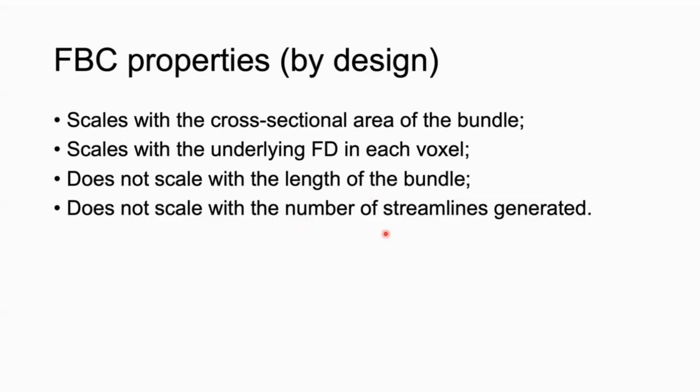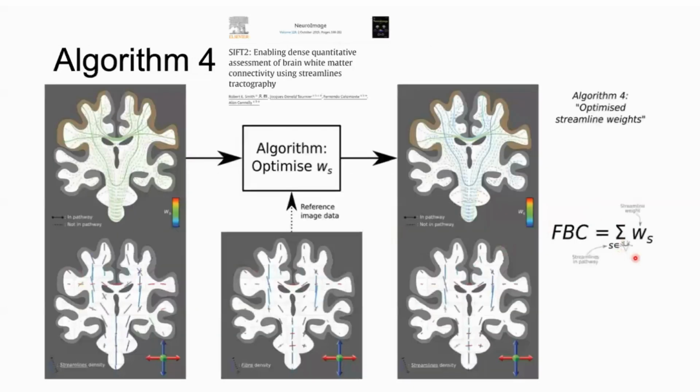And it's also invariant to the number of streamlines used, except the number of streamlines indirectly matters if you don't have enough to begin with, because then this set becomes sparse.